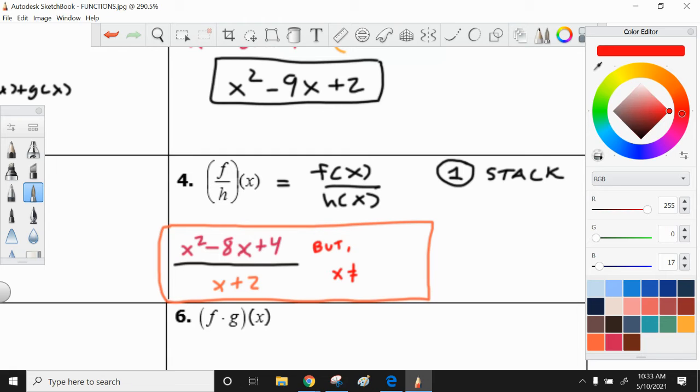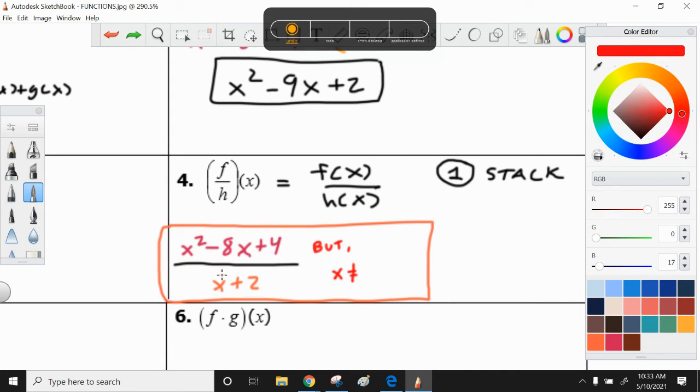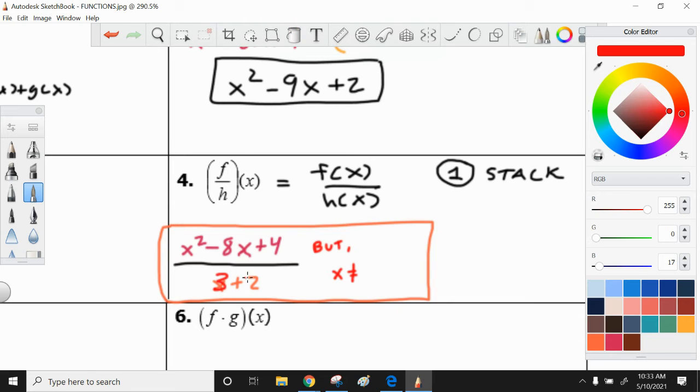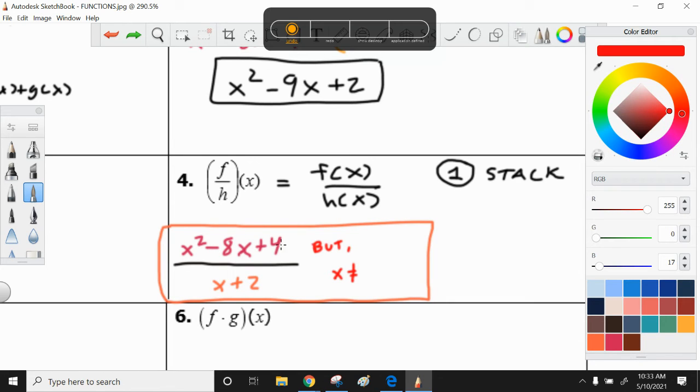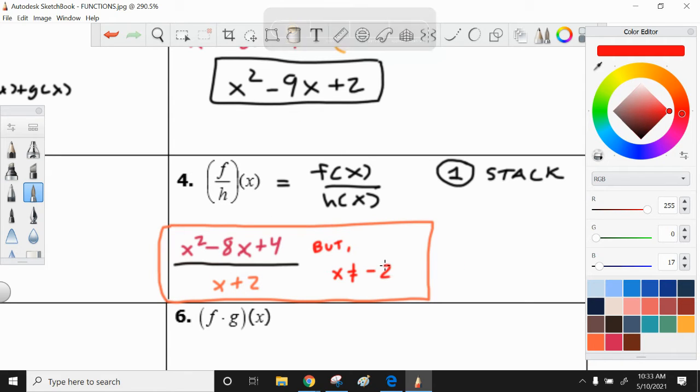And so we're not scared of 5 because 5 plus 2 is 7, and that's not scary. We're not scared of 3 because 3 plus 2 is 5, and that's not scary. We're not scared of 0 because 0 plus 2 is equal to 2. What we're scared of is -2 because right here is where you have a vertical asymptote.